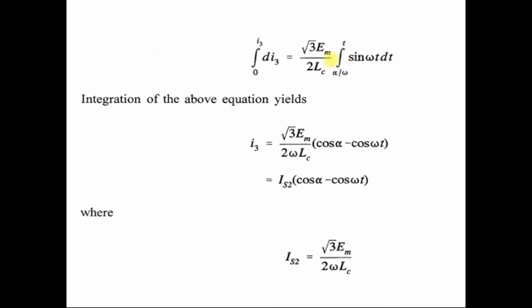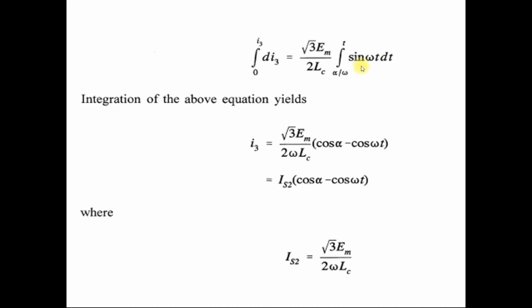Clear? And here is the integration of sin omega t. After simplification, I3 is equal to root 3 EM divided by 2 omega LC. Why is it omega? Because the integration of sin omega t with respect to t is minus cos omega t divided by omega, since we integrate with respect to time, not with respect to omega t.